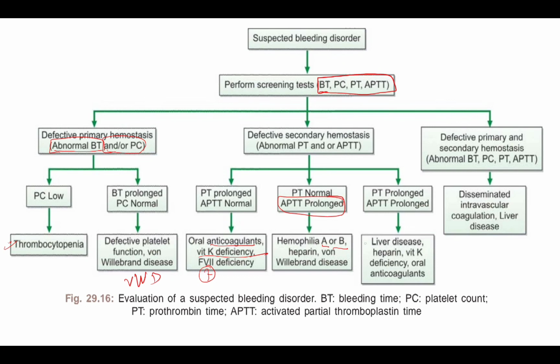If the PT and APTT both are prolonged, then it might be due to liver disease, heparin therapy, vitamin K deficiency, or oral anticoagulant therapy. But if the defect lies in both primary and secondary hemostasis, then all 4 parameters are abnormal. It is commonly seen in patients of DIC and liver disease.